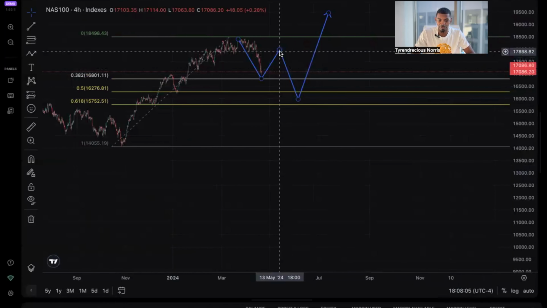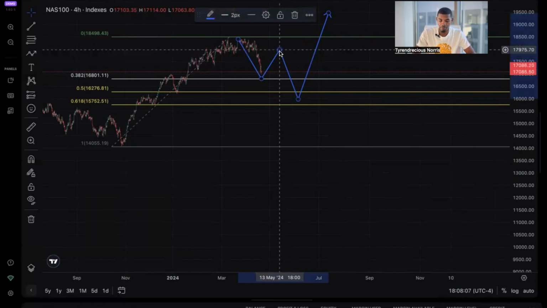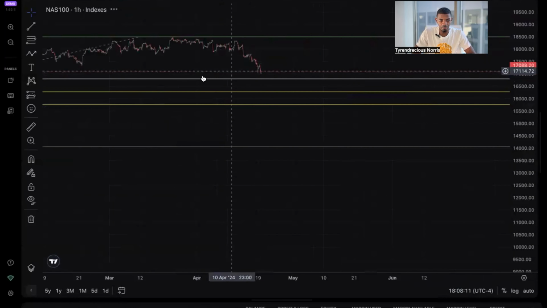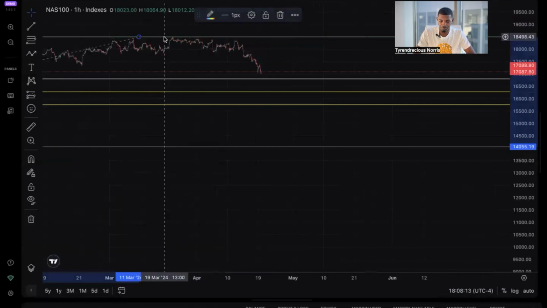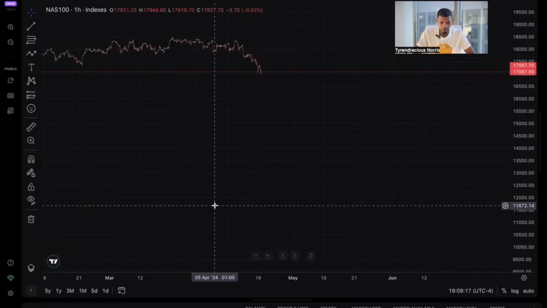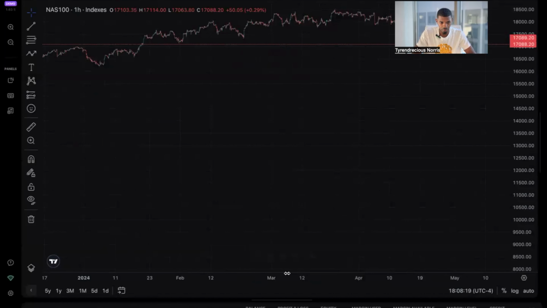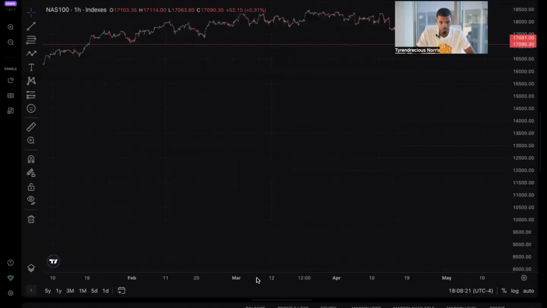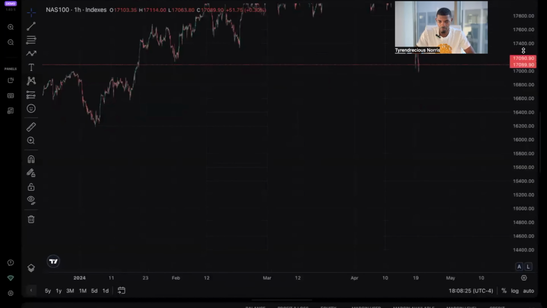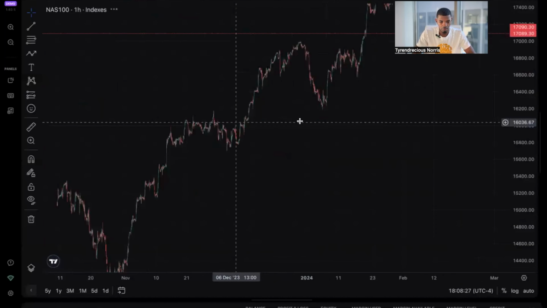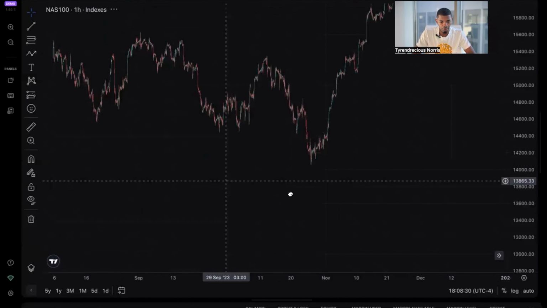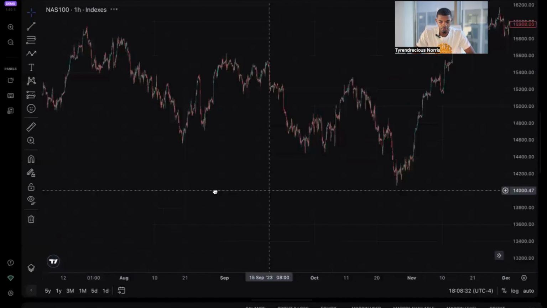And that, guys, would be more of a swing trade. All right. So then whenever I break it down to the 1 hour chart, I'm just going to get a closer look at this uptrend, guys.